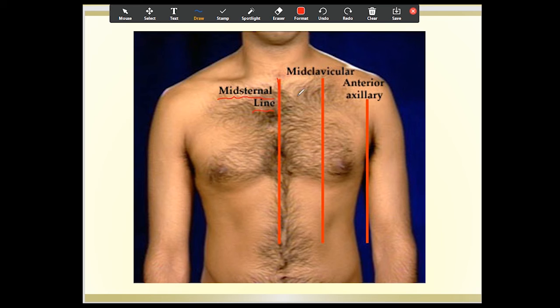Then we have the clavicle bone, basically from here to here. From the middle of the clavicle bone we make a line, and we call it the midclavicular line.